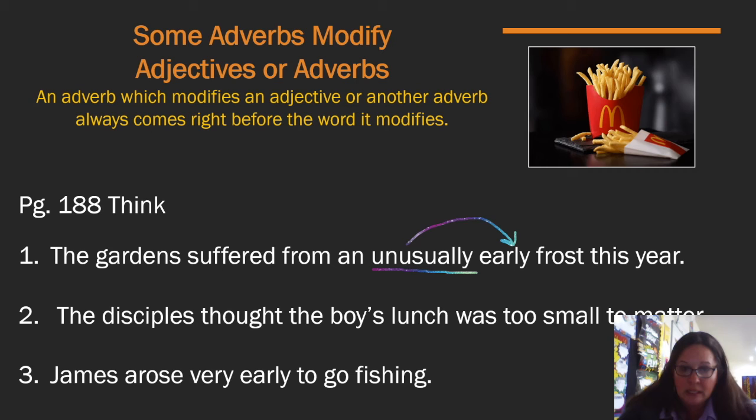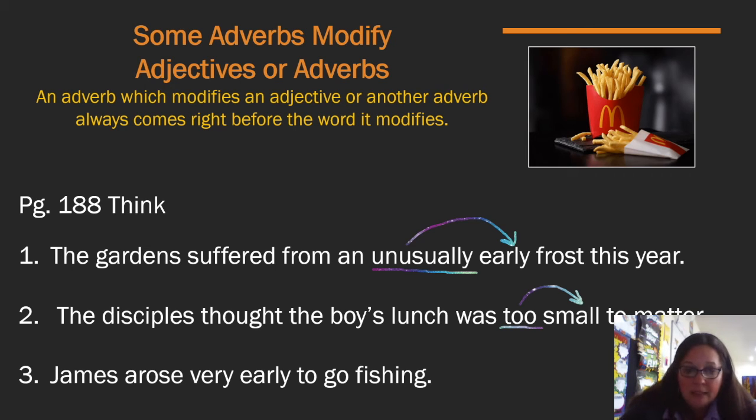Well, let's look. We have small, which is an adjective. Now let's look at what it's describing. Too is describing small. So we have an adverb describing the adjective. And it's all still referring to the lunch.